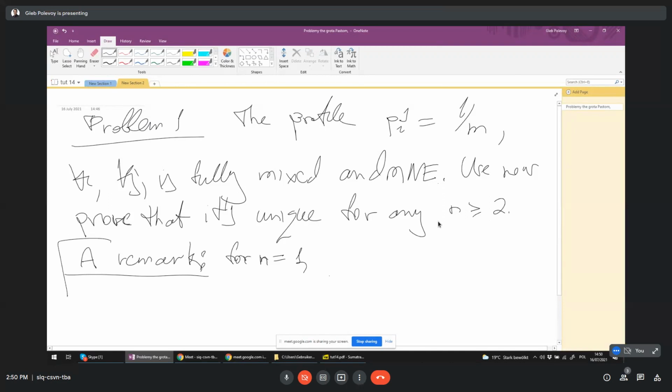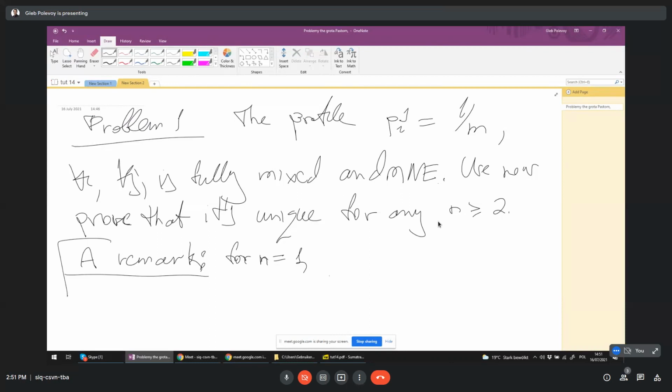Can you tell me why it is not unique for a single player? Any mixing would be a best response, right? Because all the machines are essentially free, assuming they're identical. Exactly. We can just look at this as a particular case of a game.